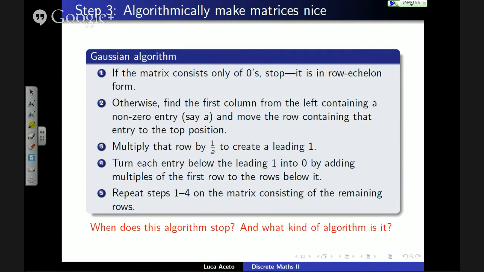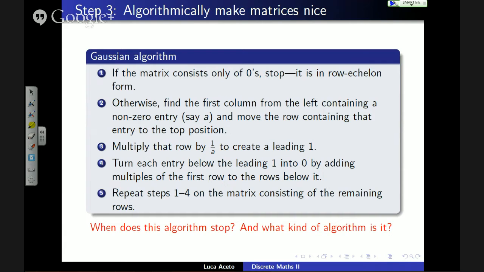Well, we use the so-called Gaussian algorithm, which essentially is nothing but use the elementary operations, because we know they preserve the set of solutions. What the Gaussian algorithm does is to say, forget about rule of thumbs, just follow the steps. And what are these steps? There are these 5 ones that you see here.